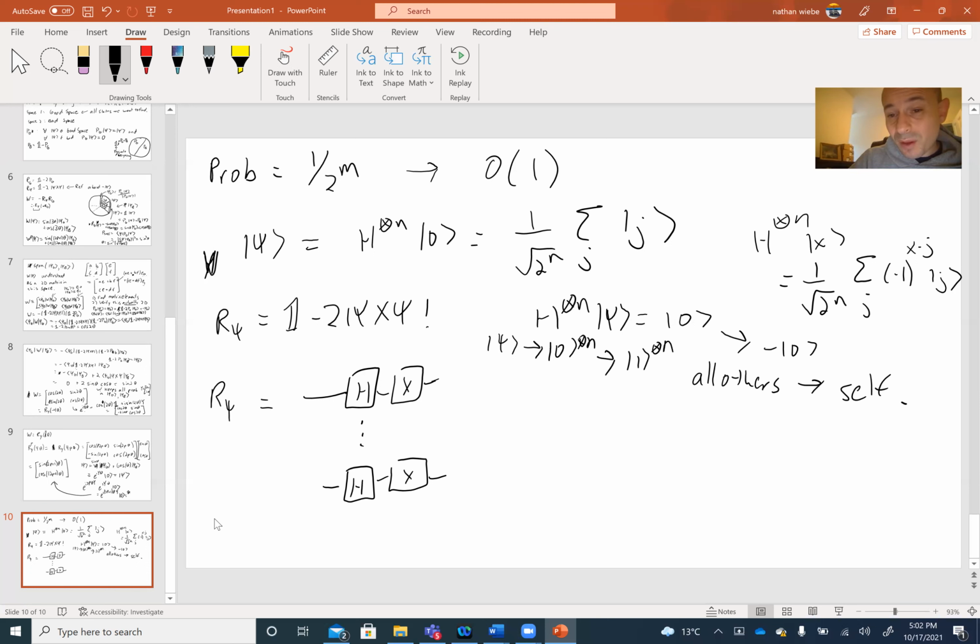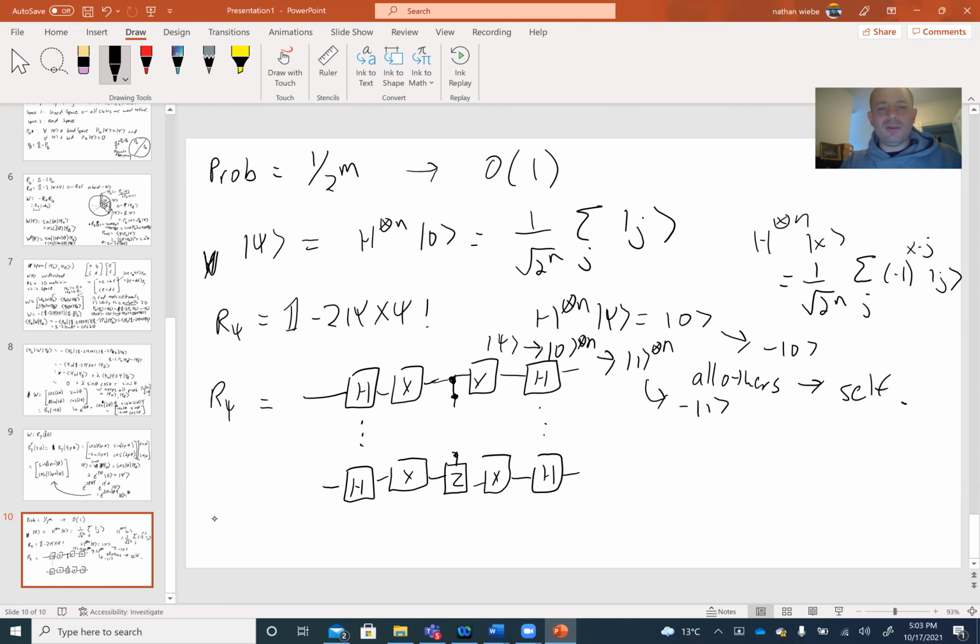So now we want to map the all 1 state to minus itself, and that can be done by using a maximally controlled Z operation. Now we undo the basis transformations that we've done. And this circuit will carry out the exact same transformation as the required R psi.